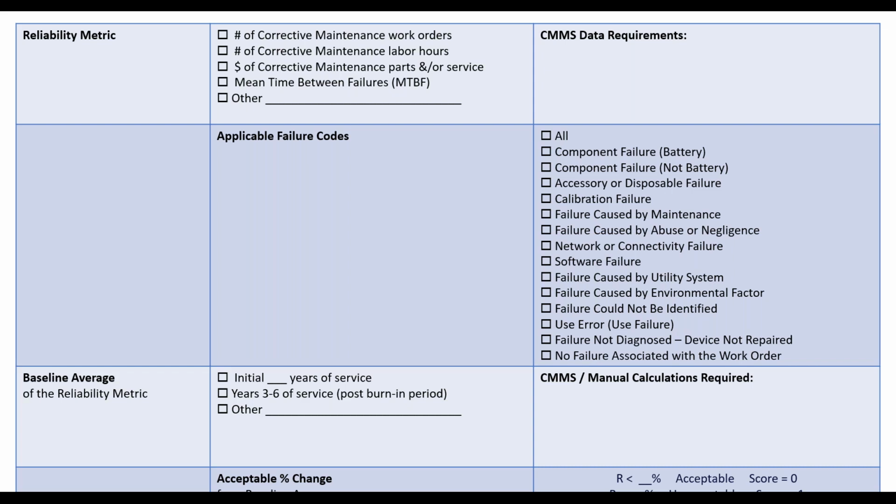Okay. And then the baseline average within the initial 3 years of service. Okay. And did you guys get to the tolerance? Yeah, we did 10%. It was a little bit of room, but it's generally fine.